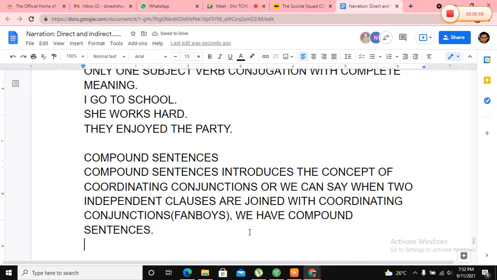Your conjunctions are for, and, nor, but, or, yet, and so. These are the conjunctions. 7 conjunctions are there. Fanboys. Whenever you see these conjunctions in a sentence, your sentence is a compound sentence.